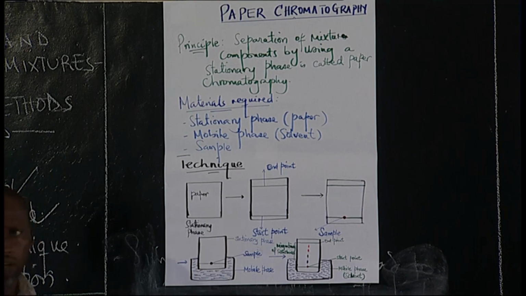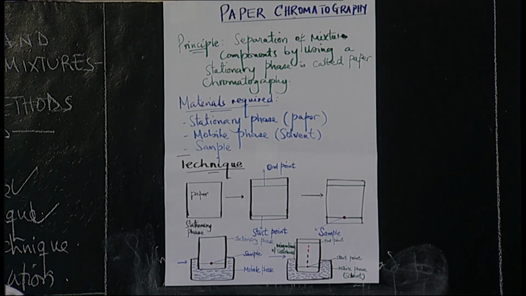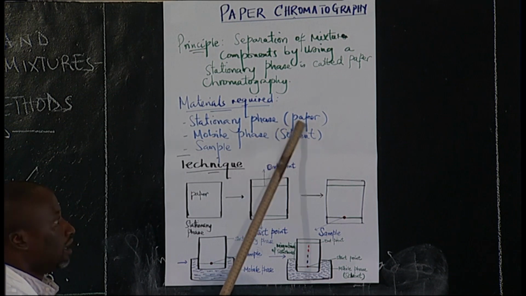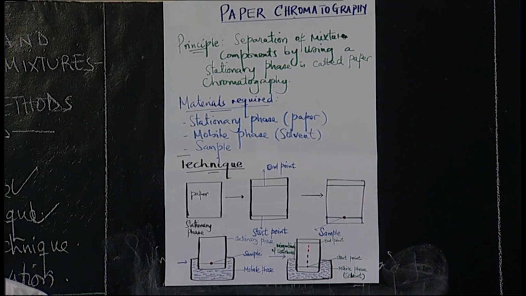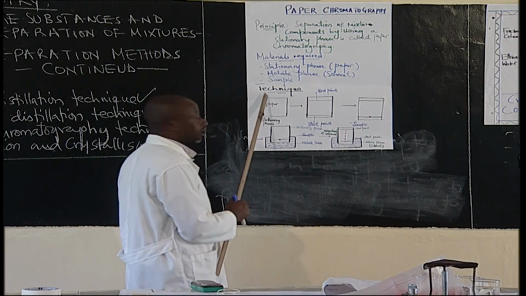What do you need when you are going to separate using paper chromatography? You need a stationary phase, that is a paper. Not any paper like this one; we'll see the type of paper that is required.